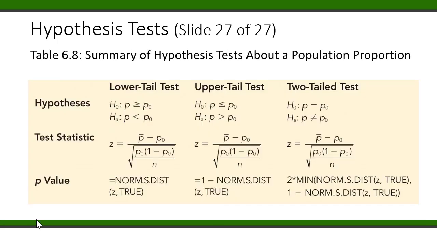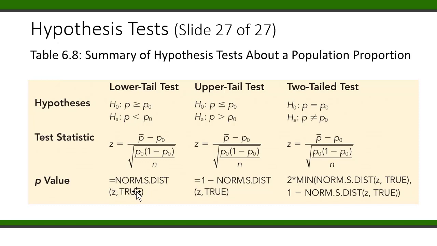So the summary then of these hypothesis tests. Here's our hypothesis, the type of test it is, the test statistic is Z, and how we calculate that, and then how we get the p-value. And so you'll notice we use that normal sample distribution function.